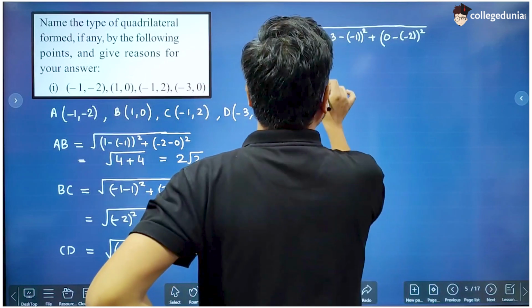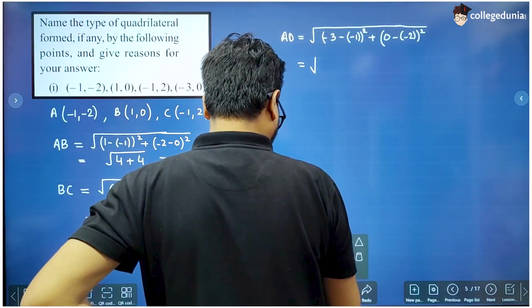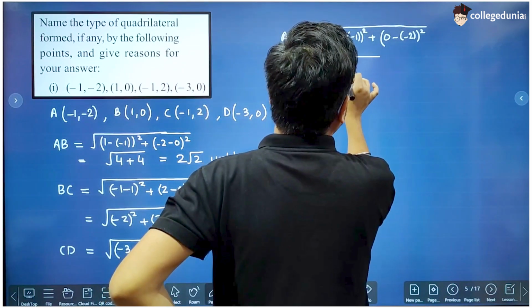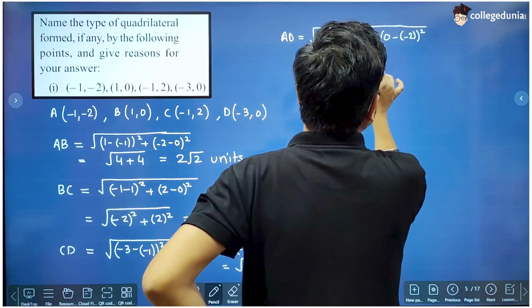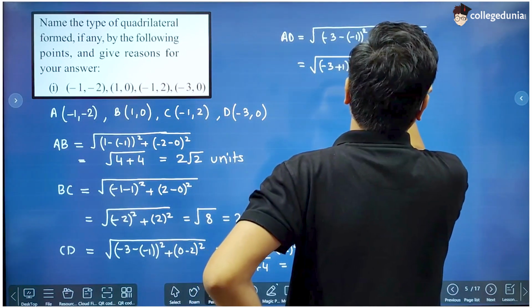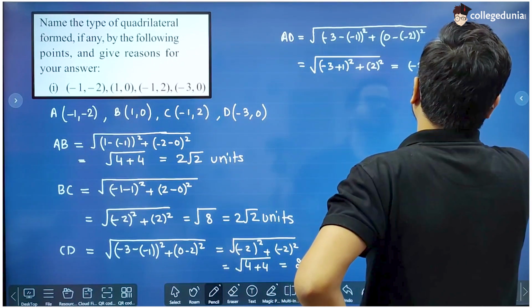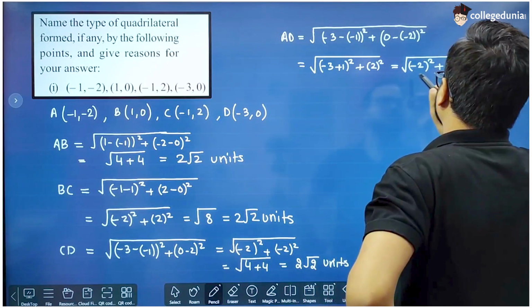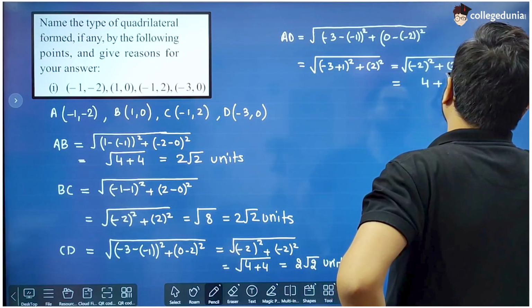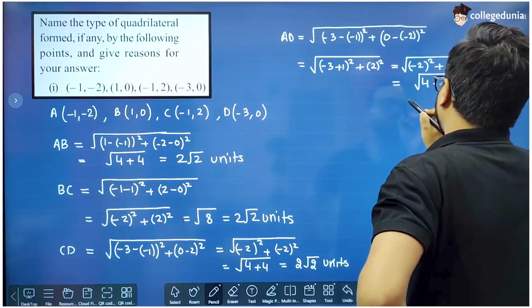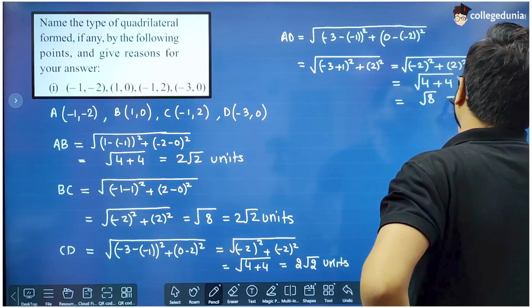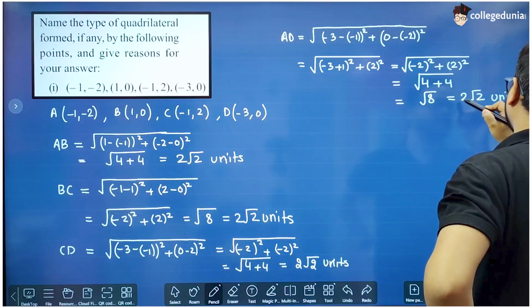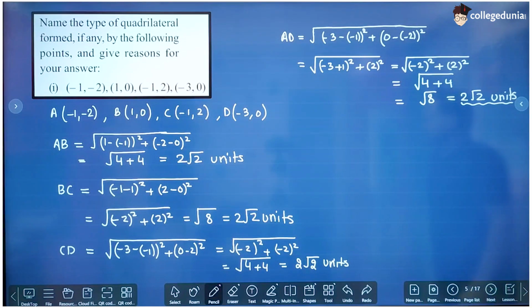So this is -3 plus 1 whole square plus 2 square. -2 square is 4 and 2 square is again 4. 4 plus 4 is 8. So root 8 is 2 root 2 units. Right?